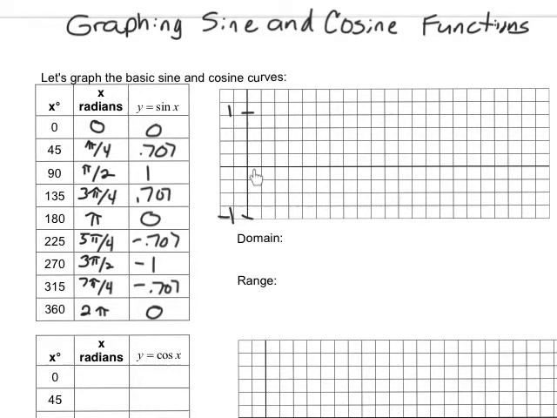And to keep my graph from getting too cluttered, I'm going to label every other one. So there's pi over 2, and that's pi. It's important that you scale your graph appropriately. A lot of times kids don't scale the graph, and you lose a lot of points that way if you don't put a scale on here. Okay, so there's my scale.